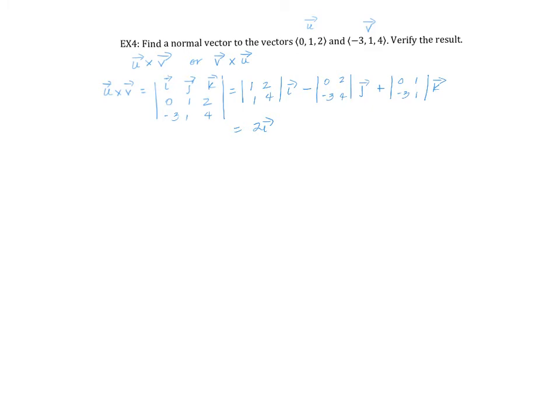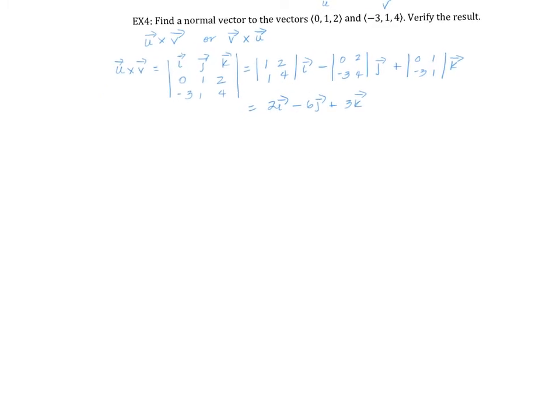So the determinant is 6, but I have this minus, so it's going to be minus 6j plus 0 minus 3, minus a negative 3 would be a positive 3. So plus 3k. This would be a vector that is normal to the given vectors.